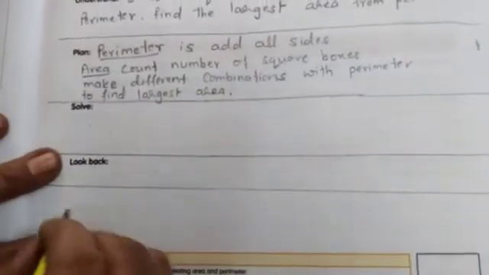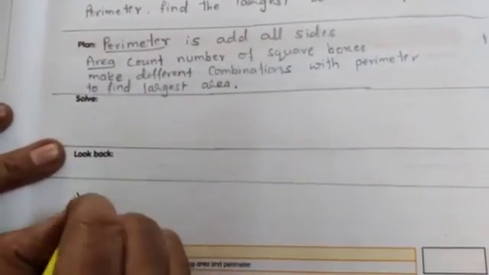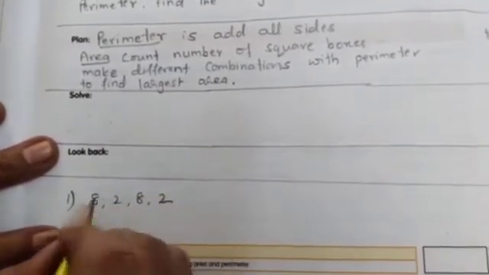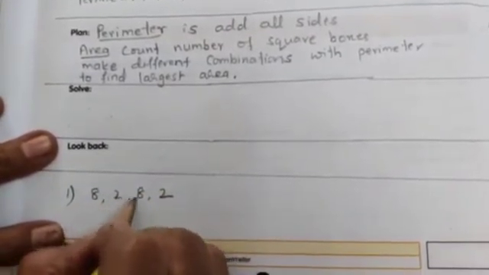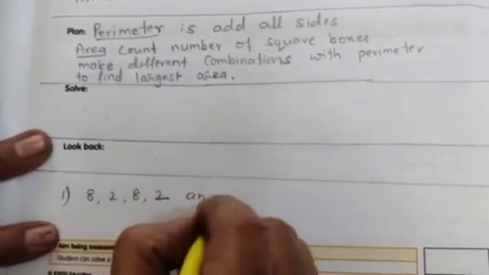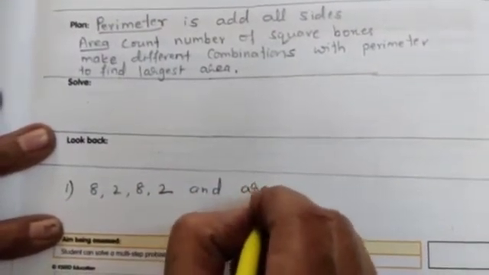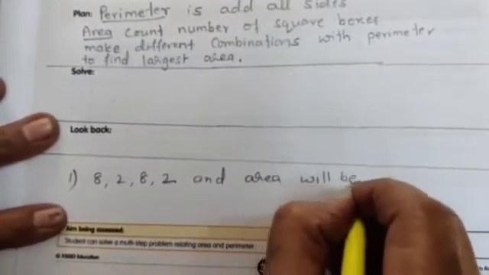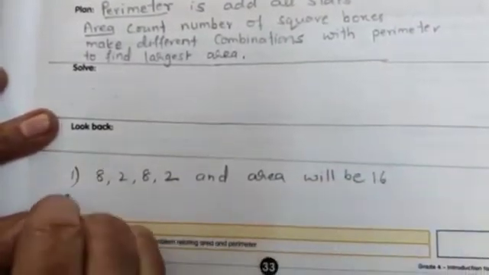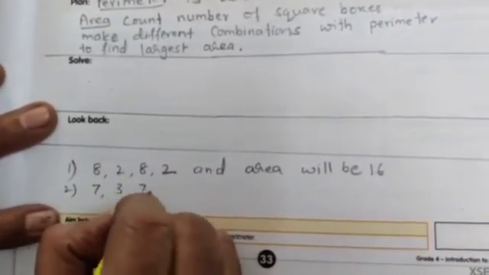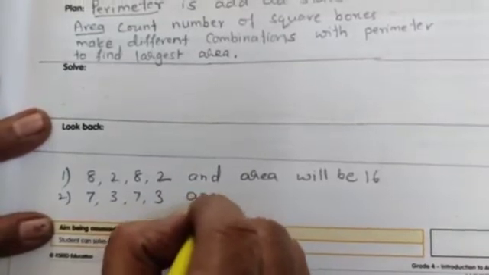First I'll show you. First combination 8 2 8 2. 8 plus 2 is 10, 10 plus 8 is 18, 18 plus 2 is 20, and area will be 16. Now second one 7 3 7 3.